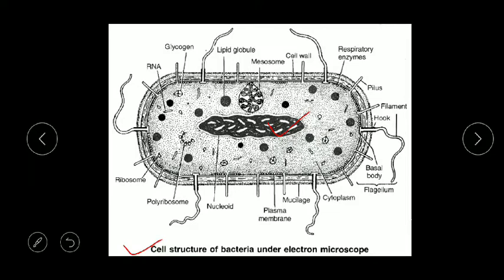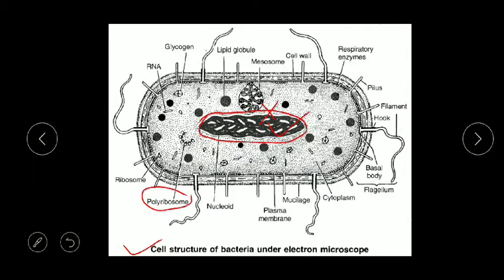What I have marked is a nucleoid, and a nucleoid is not a true nucleus. So remember, it is a nucleoid. Why is it a nucleoid? Because a nuclear envelope around it is absent. Because of this, it is known as a false nucleus or genophore or incipient nucleus.